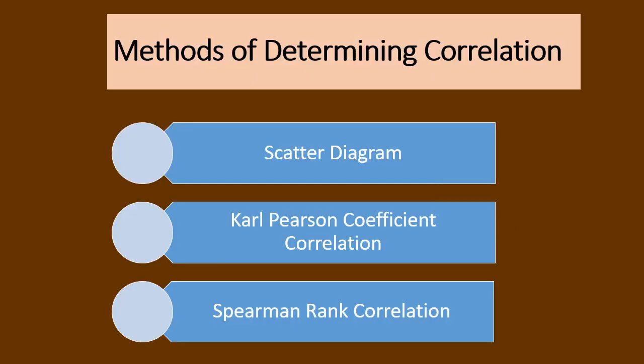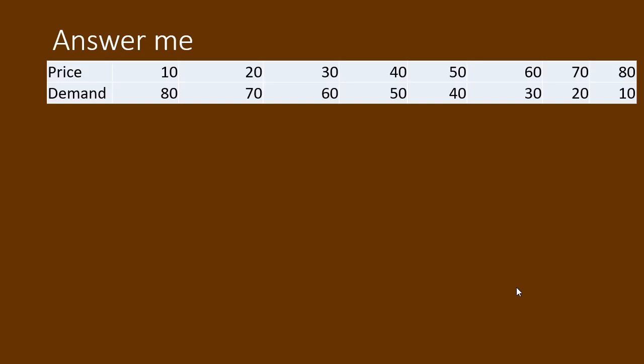I hope you remember our previous classes on scatter diagram, Karl Pearson's coefficient of correlation and Spearman's rank correlation. From these concepts, try to answer my question. They have given the price of these observations and the demand of these observations.